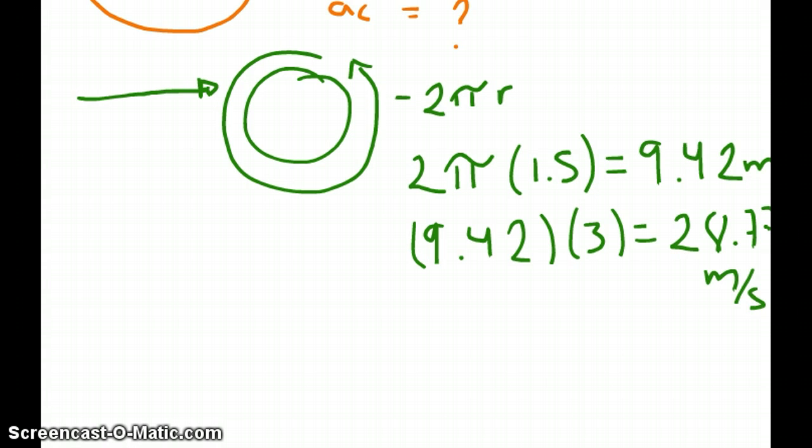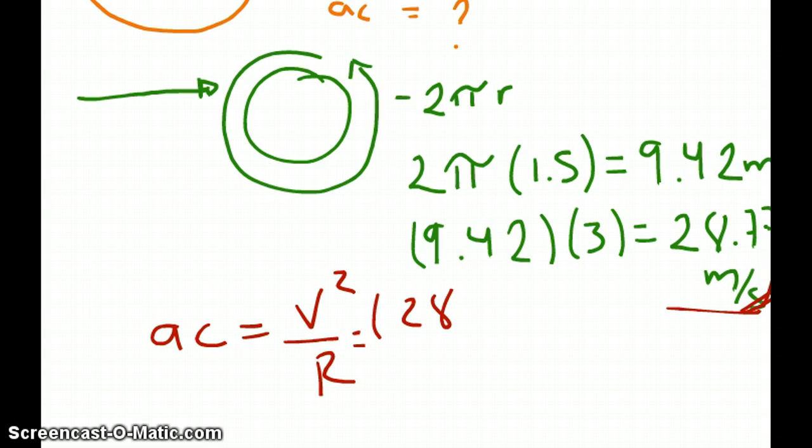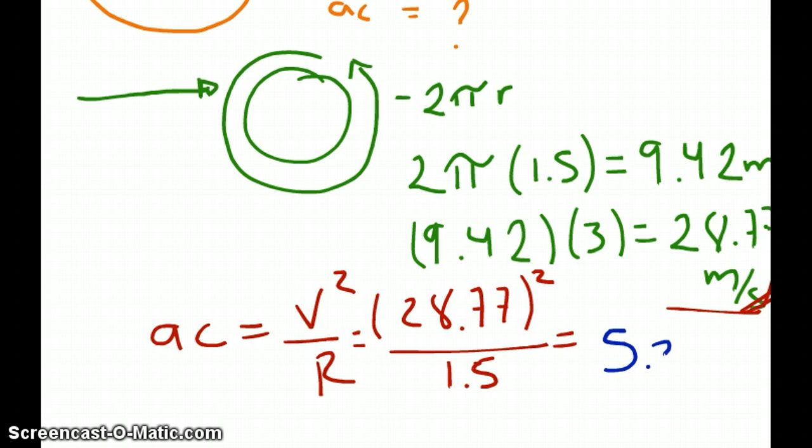Now with this value, we can use our formula for centrifugal acceleration, which is velocity squared, which is 28.27 squared, over our radius, which is 1.5 meters. So we got as a result 5.39 meters per second squared. Don't forget it's meters per second squared, because we're talking about acceleration.